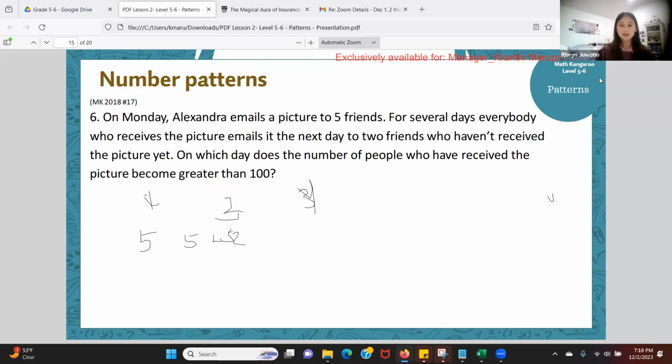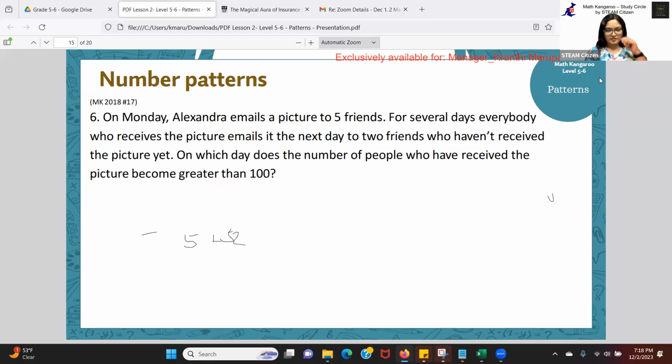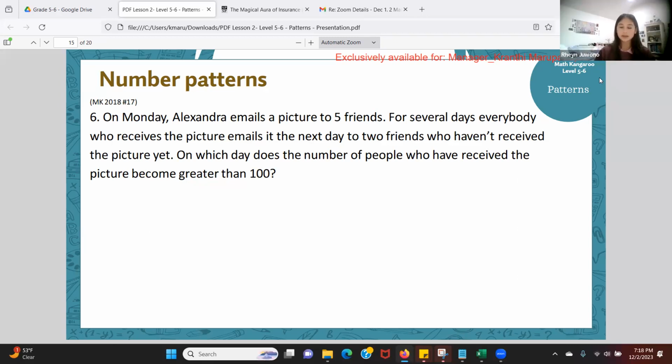So now if we have 15 people who have gotten it, or here, let me just erase all this actually. So then we keep going with 5 plus 5 times 2, so that's going to be 15.